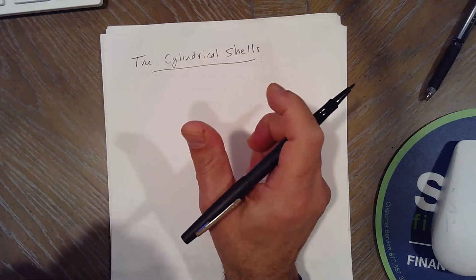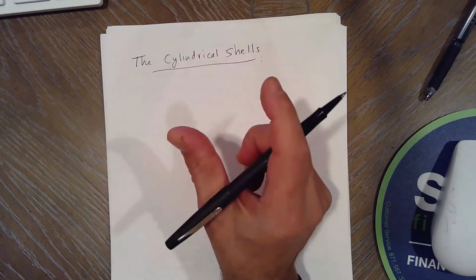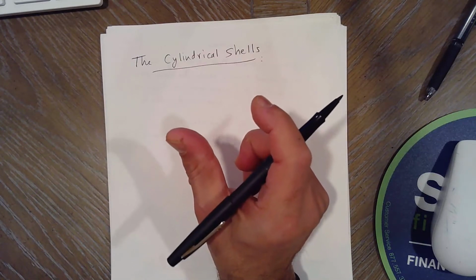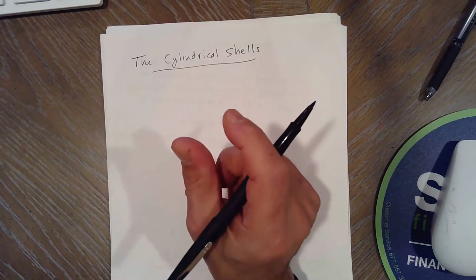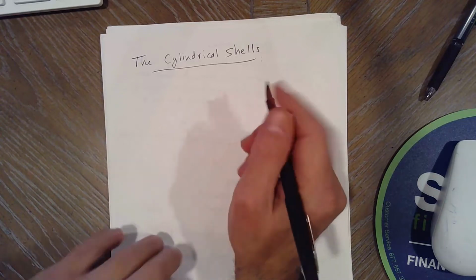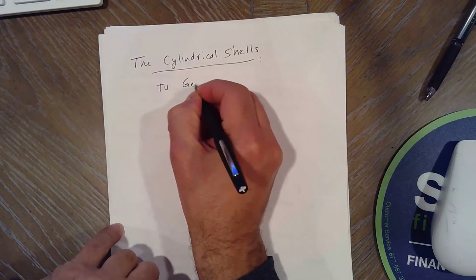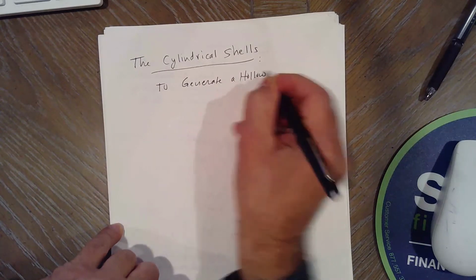So whether it's the y-axis, the x-axis, or any line, vertical or horizontal, the strip that we're going to use is going to be parallel to the axis of rotation, and that's going to generate a hollow shell.